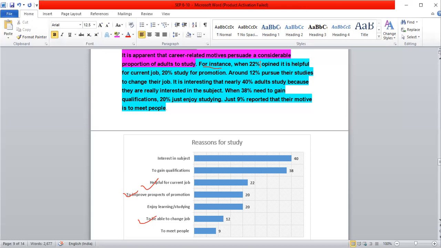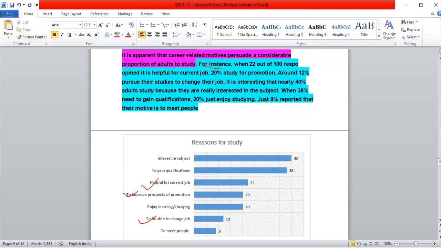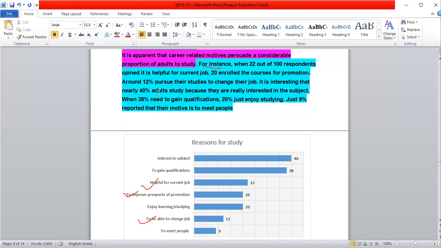For instance, when 22 out of 100 respondents opined it's helpful for the current job, 20 enrolled in the courses for promotion.